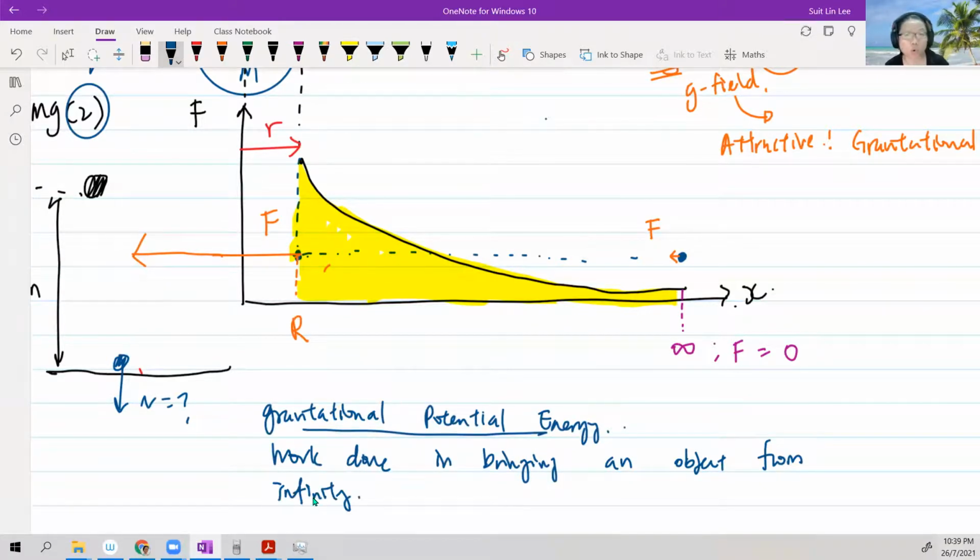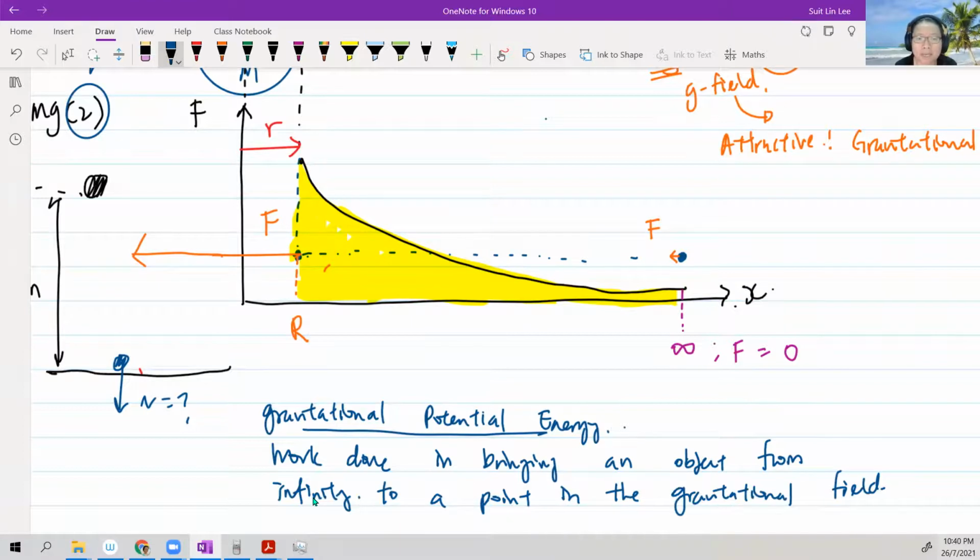Because there is 0. 0 is good. From infinity to a point in the gravitational field. Okay, all right, so definition: work done bringing an object from infinity to a point in the gravitational field.